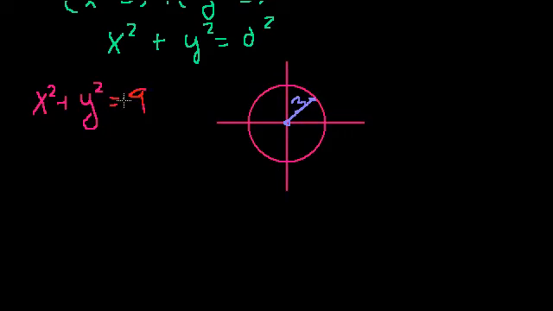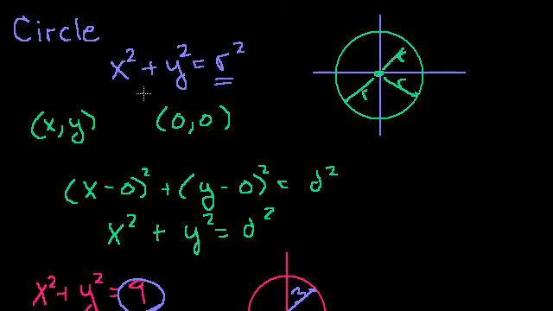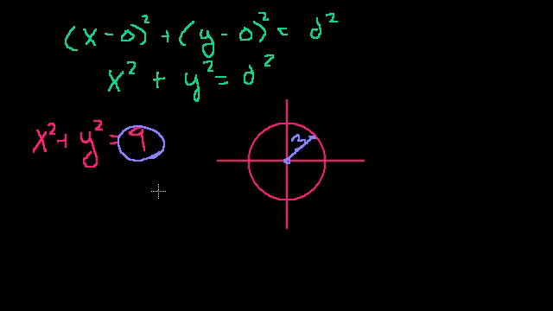You might say, oh, why isn't the radius 9? No, that's because this is the radius squared. Remember the original formula, x squared plus y squared is equal to r squared. So this right here is r squared. If r squared is equal to 9, then r is equal to 3. It can't be minus 3. I mean, you can't have a negative radius, or if you did, you're just going the other direction, but it's the same thing. So the radius is equal to 3.